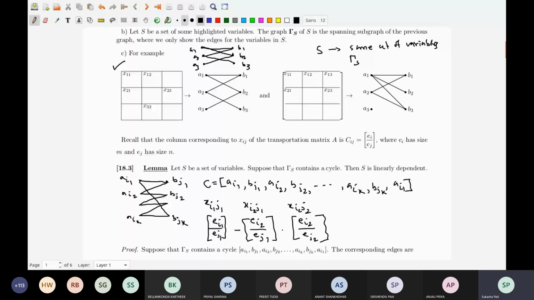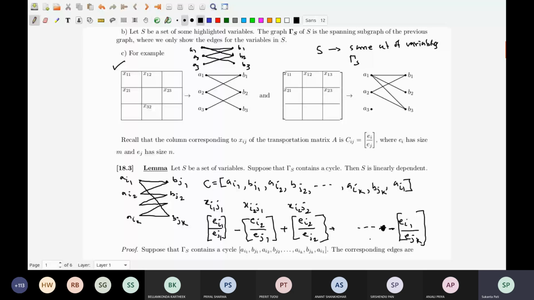After that, what is the final edge? The final edge is XI1JK, which is EI1 by EJK. And you would end up with a minus, not plus. Why do you think you will end up with a minus? That is because it is a bipartite graph. Because it is a bipartite graph, any cycle will have even length only.